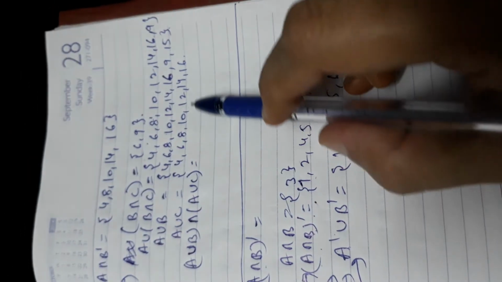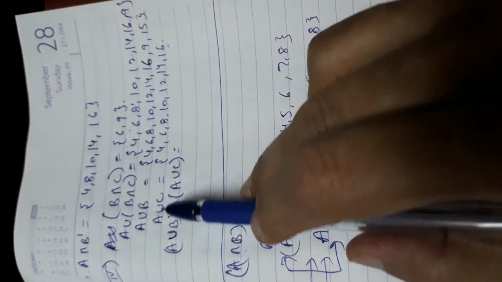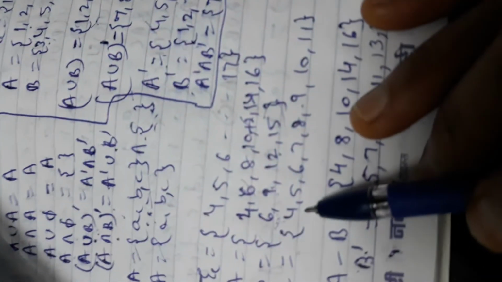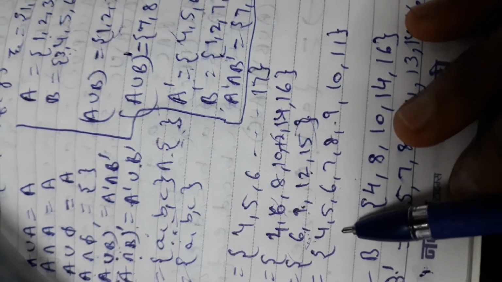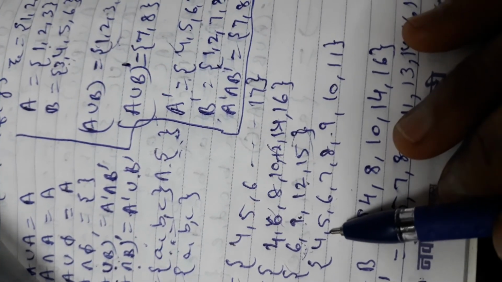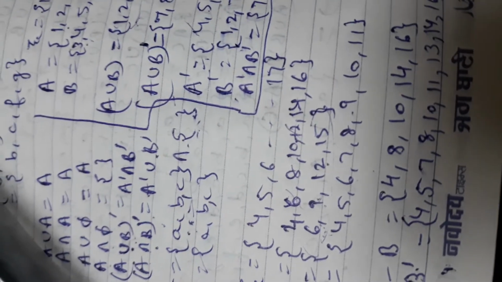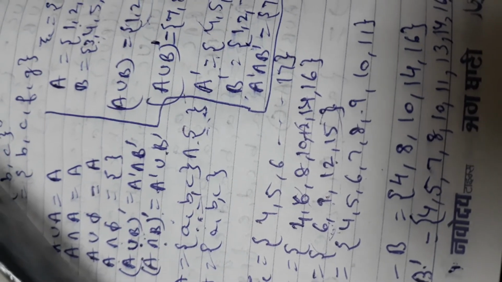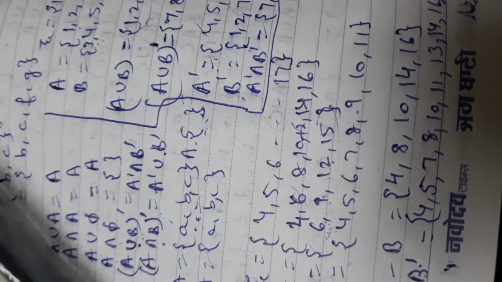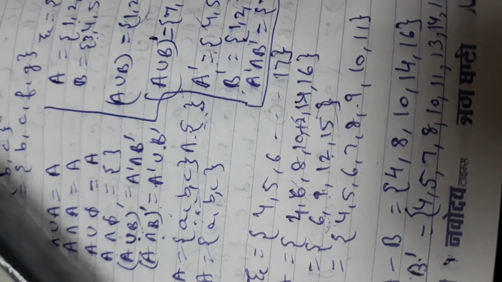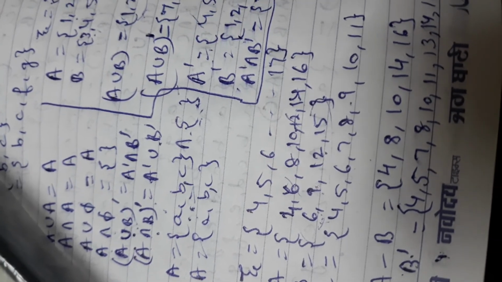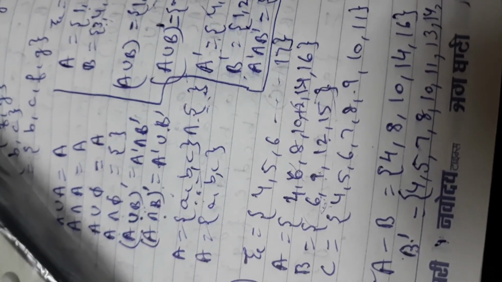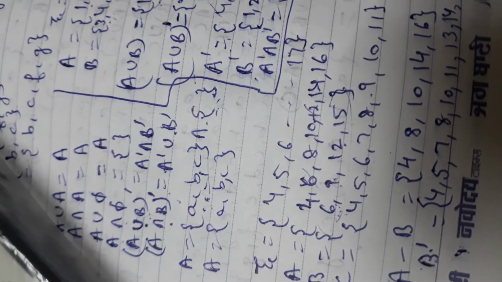Then its union with C. So C is here. Elements of C are 4, already there. 5 we can add. 6 is already there. Then 7 is not there, 7 we can add. 8 is already there. 9 we can add. 10 is already there. 11 we can add. So this is your set A union C.